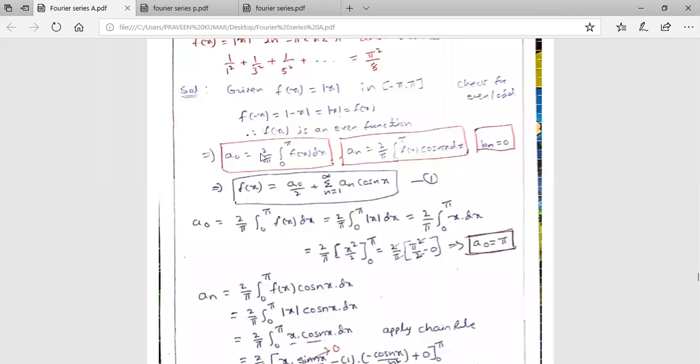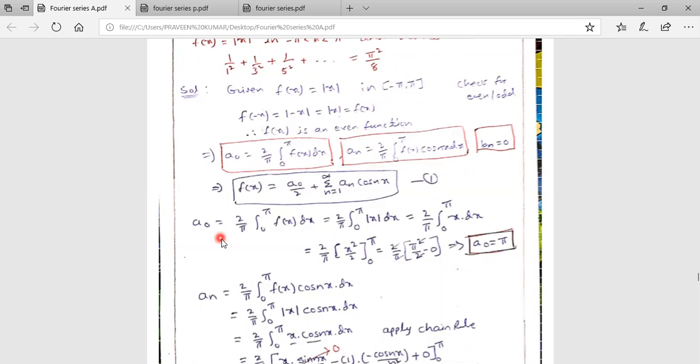In the even function we get only a naught and an's only, so we are not going to find anything for bn. Therefore the Fourier formula consists of a naught and an's only. Here the Fourier formula becomes f of x is equal to a naught by 2 plus summation n is equal to 1 to infinity an cos nx.